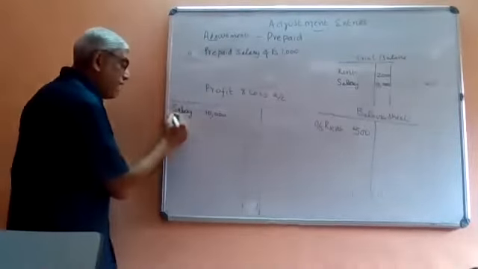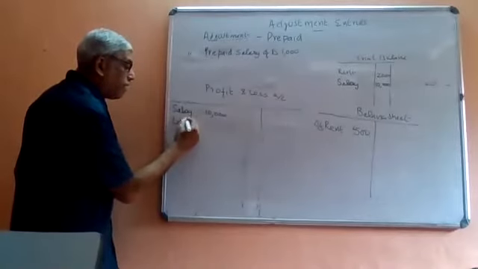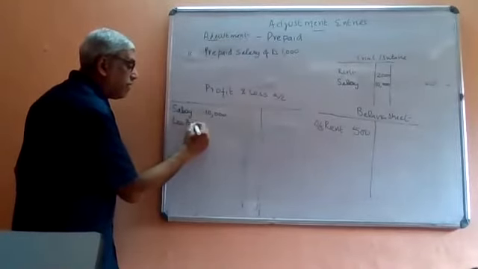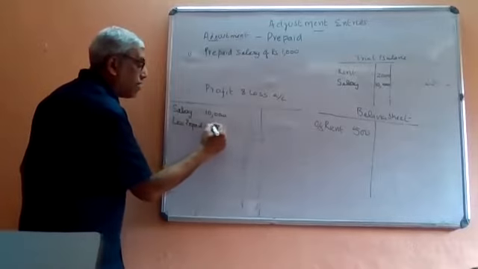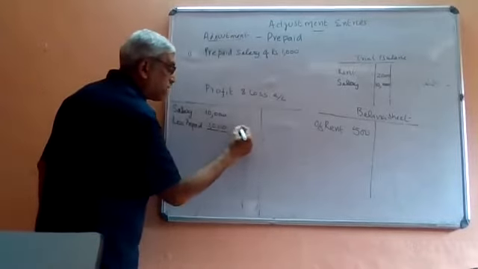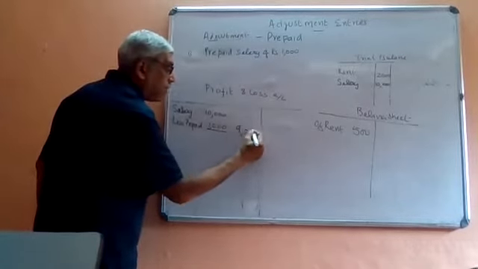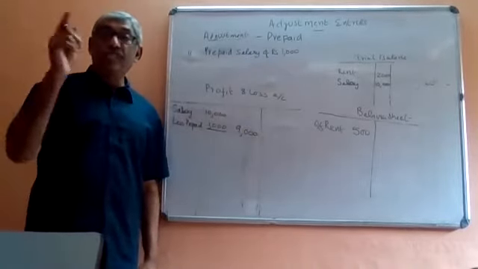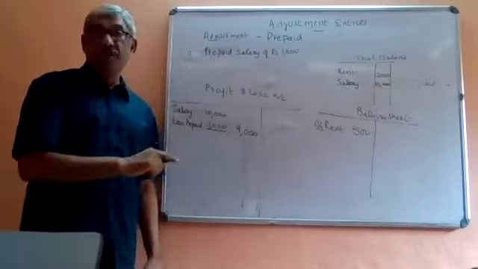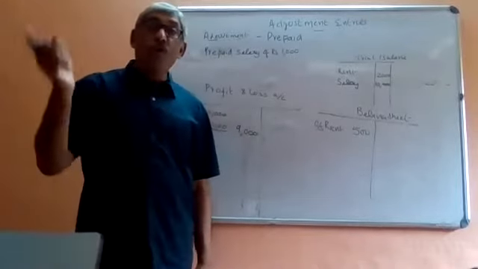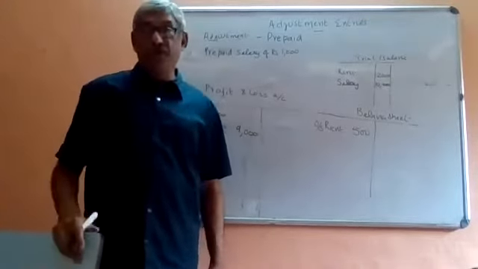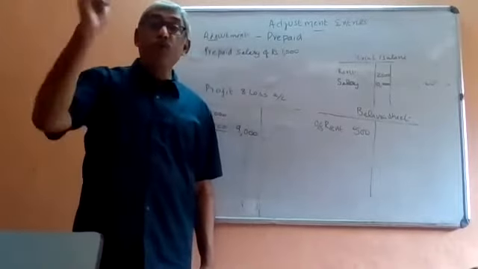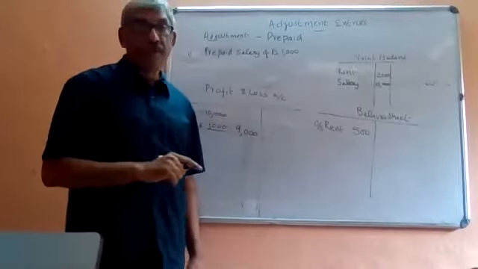We will say less prepaid 1,000. So your expense will become 9,000. Whenever you get prepaid, you have to subtract it from the expense. Outstanding, we have to add with the expense. Prepaid, we have to subtract from the expense.